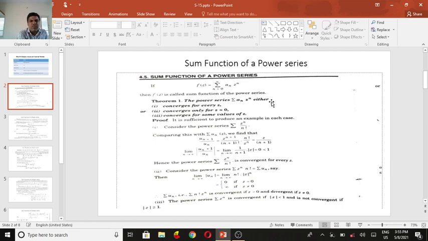Consider the power series summation z to the n divided by n factorial. By using the ratio test, comparing with summation u n of z, we find the ratio u n plus 1 divided by u n. Replacing n by n plus 1, we get z power n plus 1 divided by n plus 1 factorial, whole divided by z power n divided by n factorial.